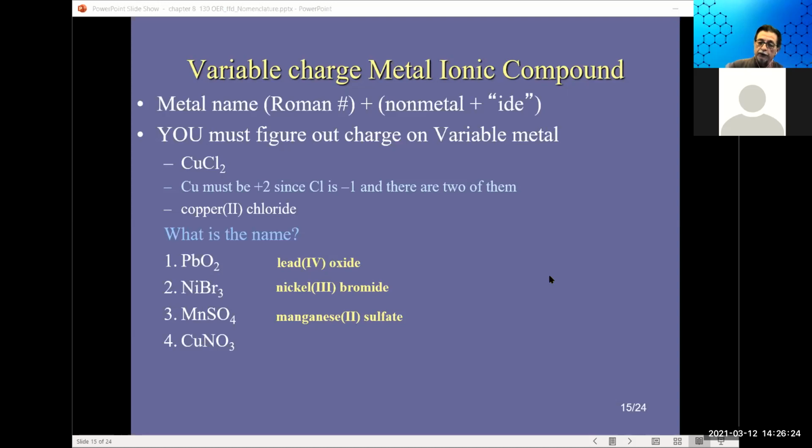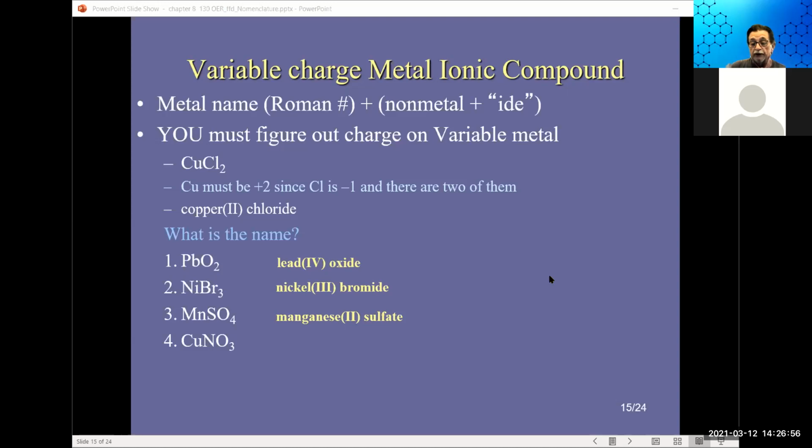Here we go with copper. Again, NO3. We think N, we think nitride, single element. I sound redundant, but I'm going through a systematic stepwise until you become familiar with it. Then you can go directly to whatever you need to go to. So we got nitrogen, thinking nitride, but however, we got oxygen right following the nitrogen, which tells you polyatomic ion.